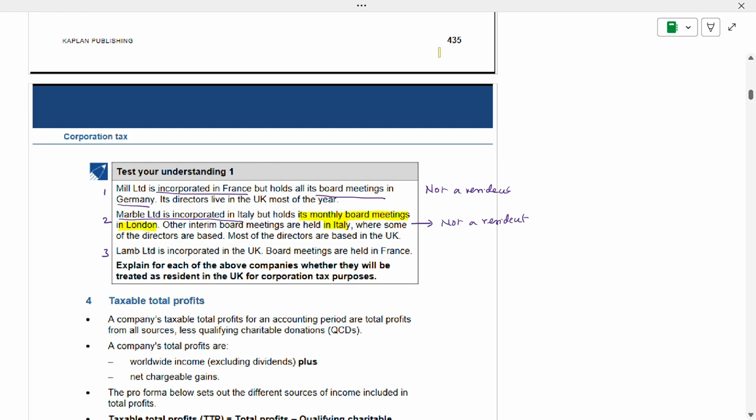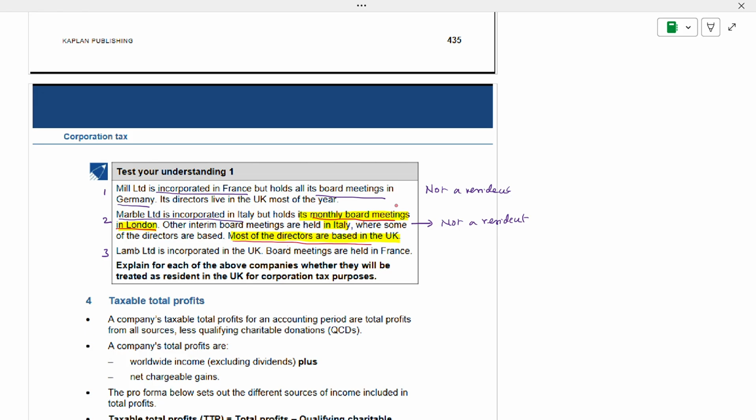Monthly board meetings in London, controlled by UK. Other interim board meetings in Italy, where some of the directors are based, but the major thing is Italy, right?